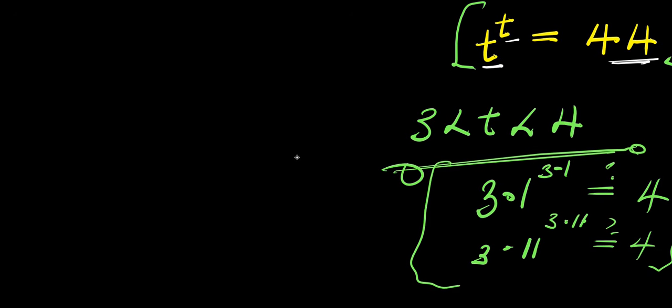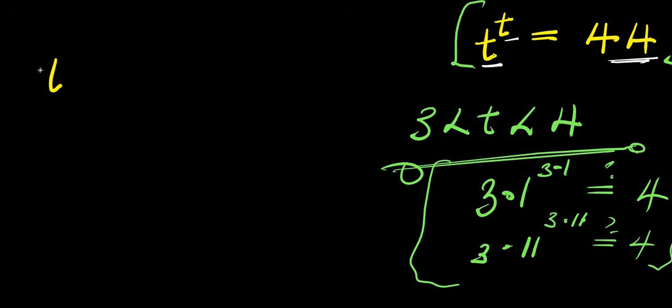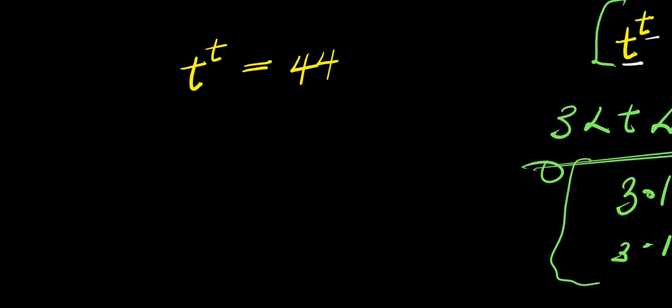So to solve this particular problem, t power t equals 44, we consider what we call natural log. We take the natural log of t to the power of t equals natural log 44.